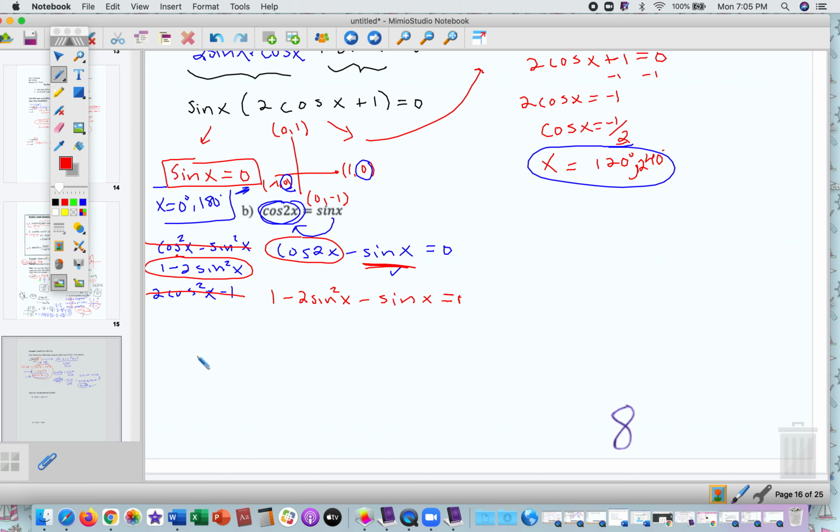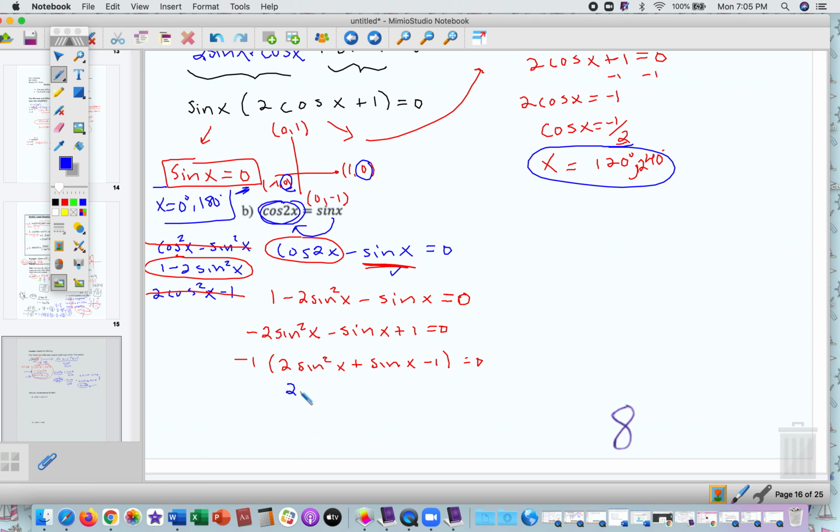I see a quadratic, so let's try to factor this. So we have negative 2 sine squared x minus sine x and 1 equals 0. I'm going to divide out a negative 1, so I'd have 2 sine squared x plus sine x minus 1 equals 0.